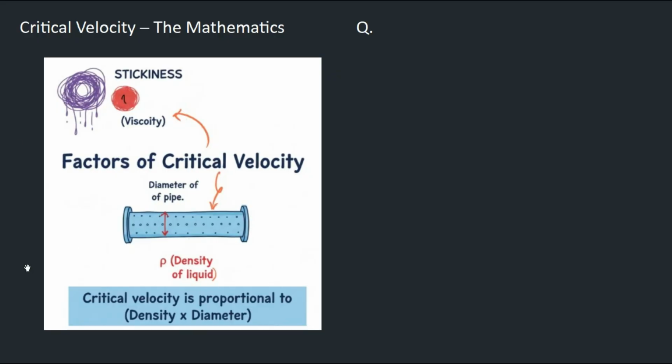So with all of these commonsensical points, we have to figure out the formula. How do we do it? We're going to make use of dimensional analysis, guys.